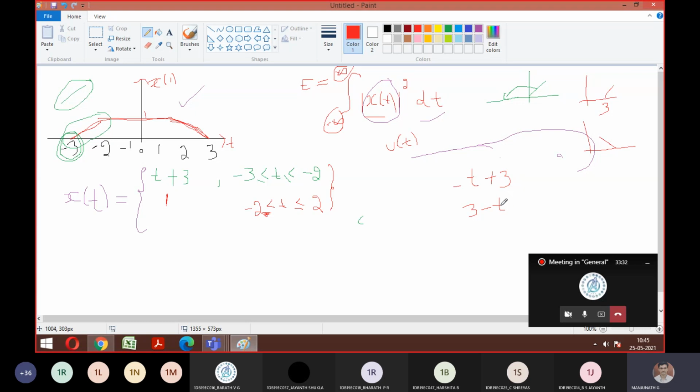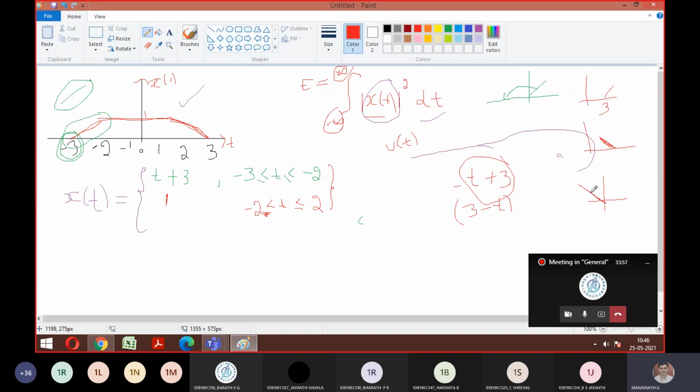I told you two things, right? One thing, you can plot t plus 3 first. We already got t plus 3 just now. If you do the mirror image, is this how it looks? Yes. Similarly, you can perform minus t first. What is minus t? It is like this.